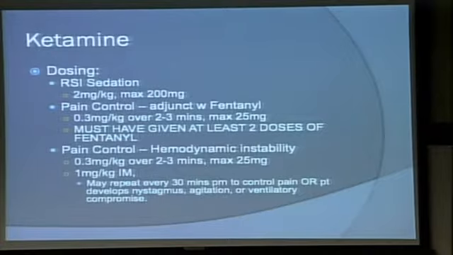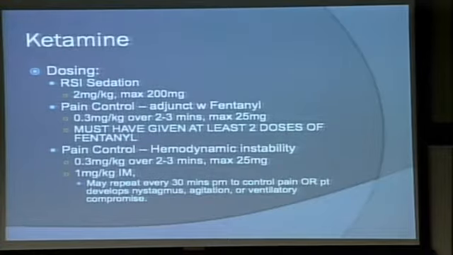So, also, 0.3 milligram per kilo over 2 to 3 minutes, the max of 25, but you can repeat it to control pain or to the point where the patient develops nystagmus, agitation, ventilatory compromise. So that allows you to use repeated doses, and you can also use a milligram per kilo IM. You can use this for painful procedures, painful extrication, but give it in repeating aliquots.